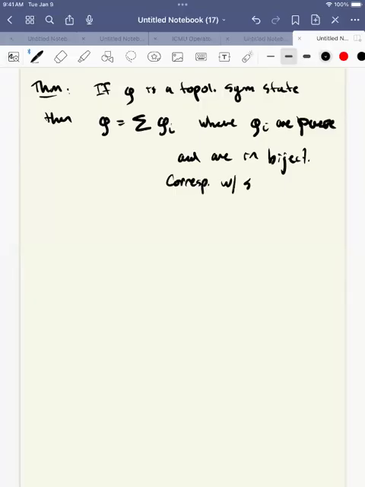Which is very much inspired by one of the categorical Landau papers that you all have. But anyway, they are in bijective correspondence with simples in the module category M_phi that's associated with the Lagrangian algebra A phi, right?